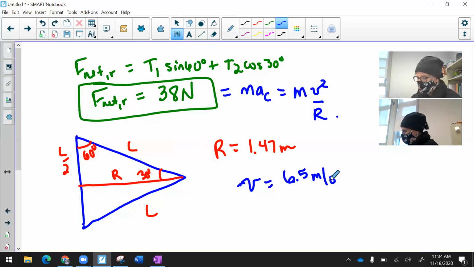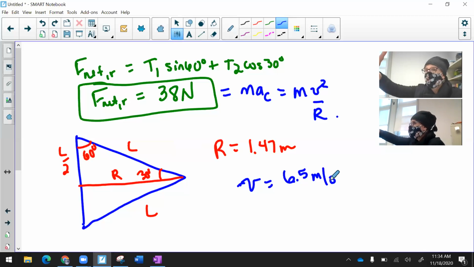Well, the way you want to look at it, the guiding principle is your life is easier if you have an axis aligned with the acceleration. Because that's how you're going to use F net equals MA. So if you have a car going around a banked curve, you can tilt your axes if you want, if it makes you happy.